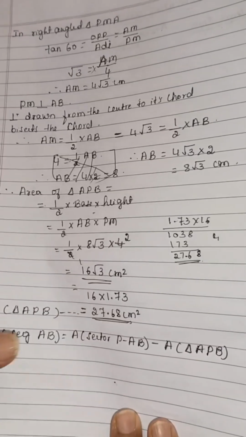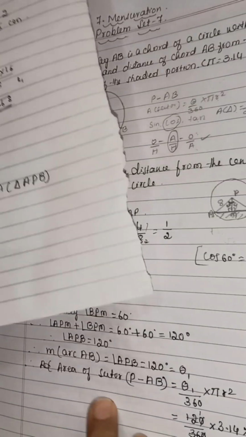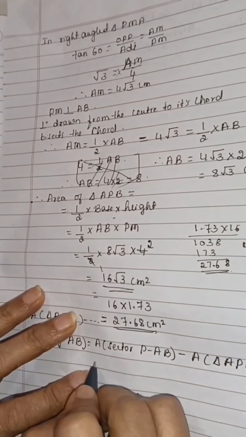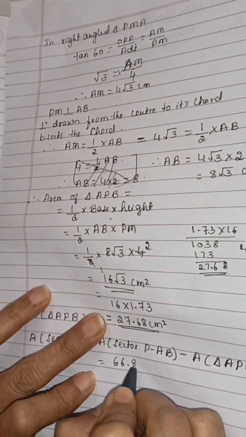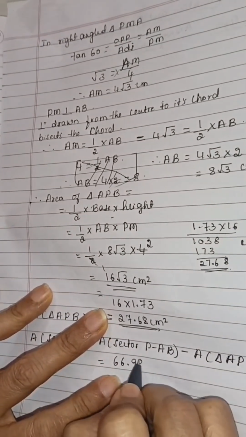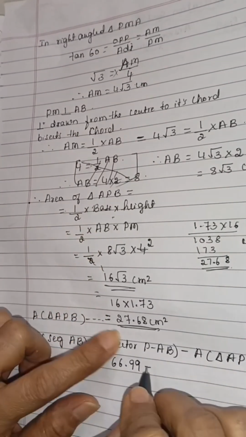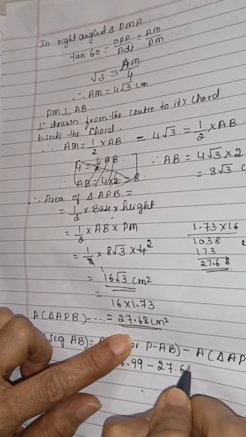Now substitute the values. Area of sector PAB is 66.99 minus area of triangle APB, which is 27.68.